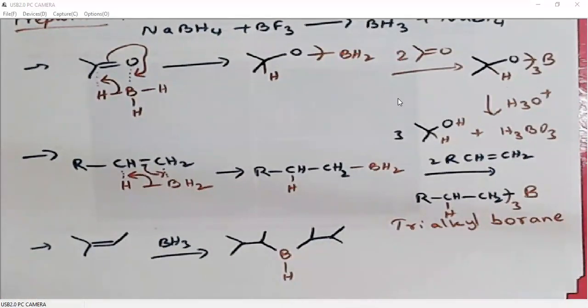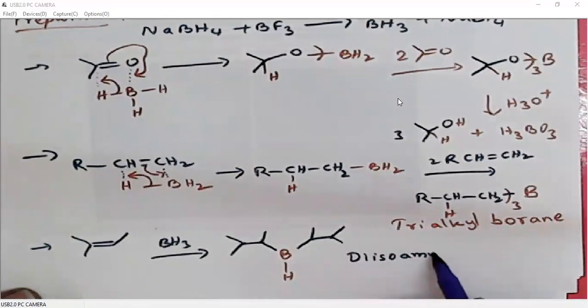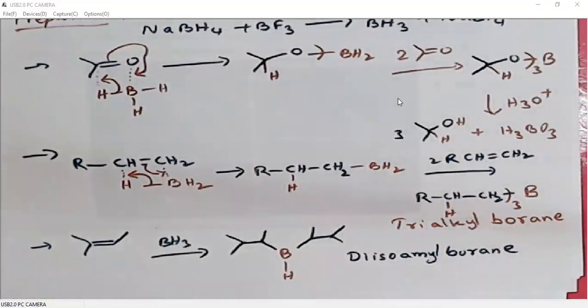This is called diisoamyl borane, or in short, disiamyl borane. This is again a boron reagent used for selective reduction of double bonds, because we have more steric crowding around this boron, so it is used for selective reductions.